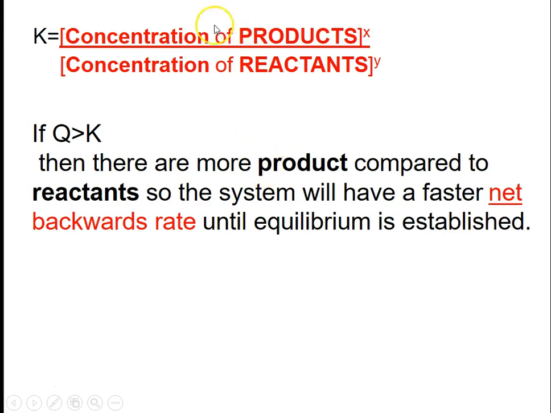So if you've got too many products, you're not at equilibrium, and you're going to have an overall back reaction, and the way of saying overall is net. By overall it means that there's still a forward reaction as well as a back reaction, but there's actually more back reaction.